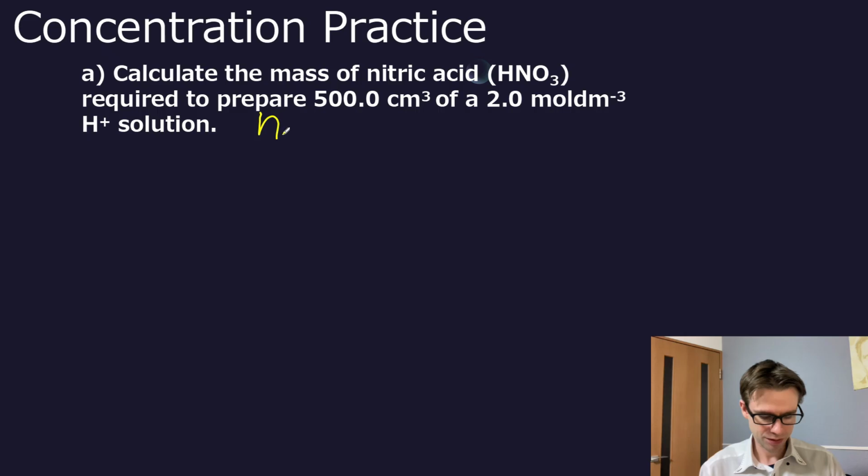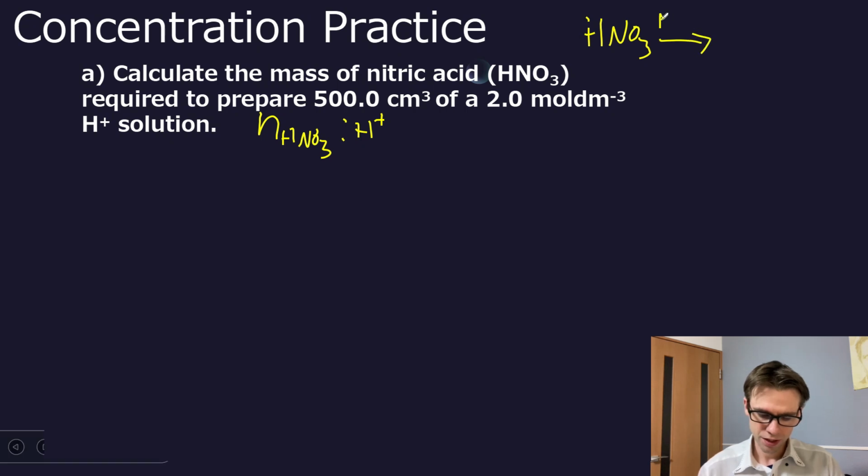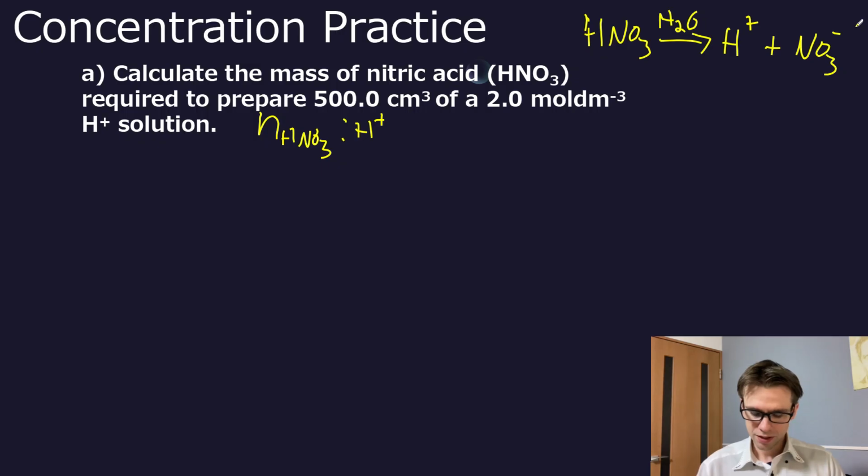What's the ratio of moles of HNO3 to H+? If it were to dissociate in water, like I showed on the previous slide, HNO3 in H2O goes to H+ and NO3-. Even if you don't know what goes on the right here, this NO3-, you should realize that one molecule of HNO3 can release, and will release, one cation of H+.